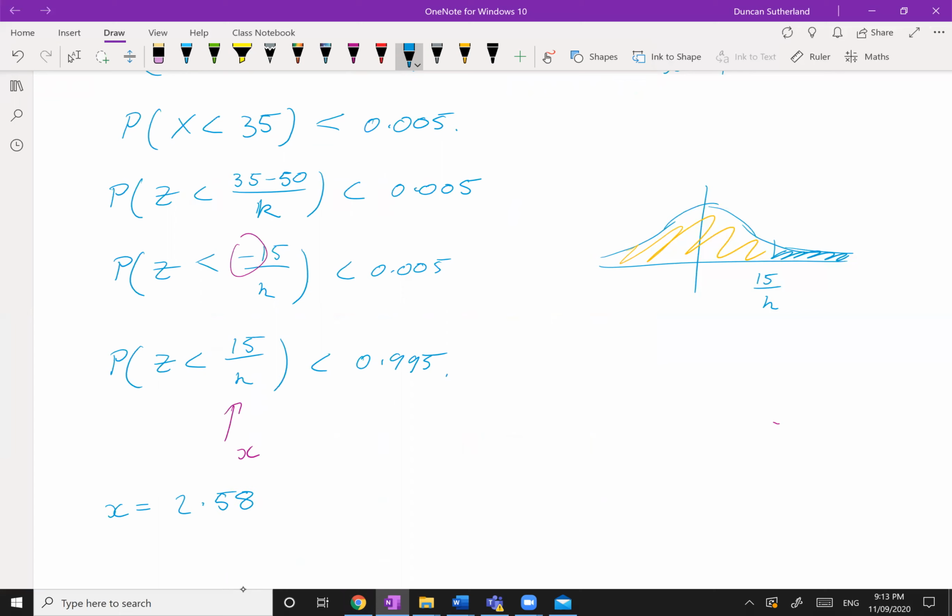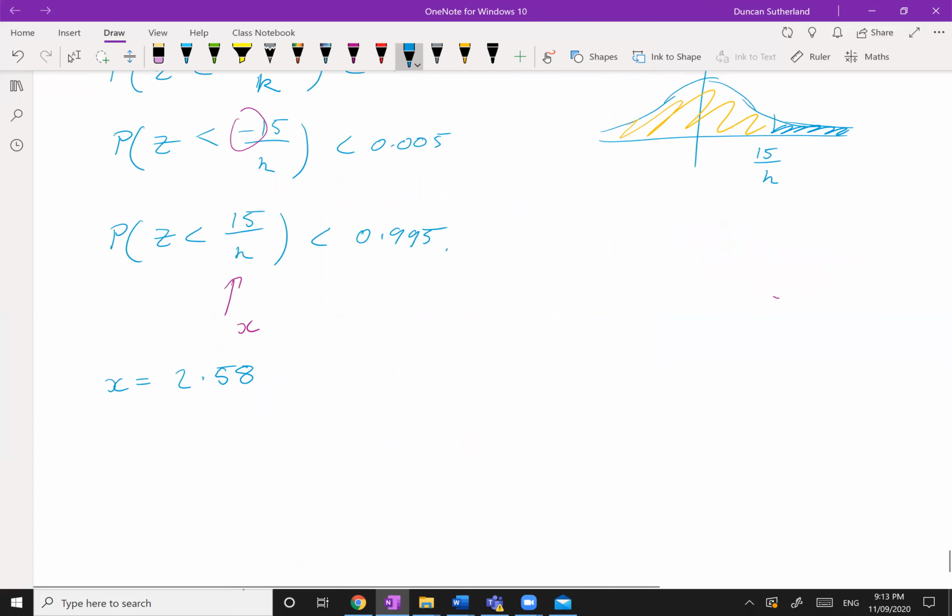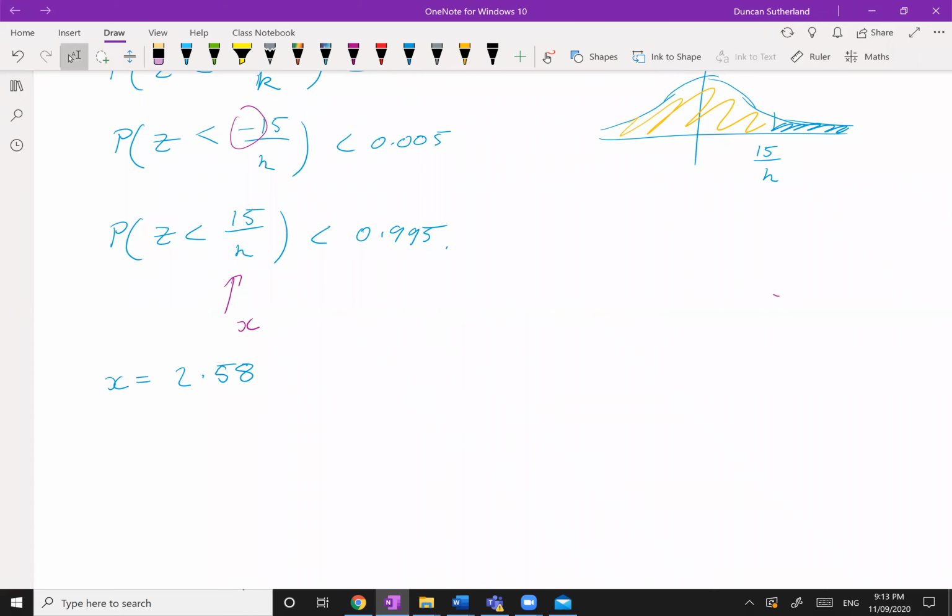Oh, hang on. We want less than that value. Yeah, let's go with the midpoint then, 2.575.